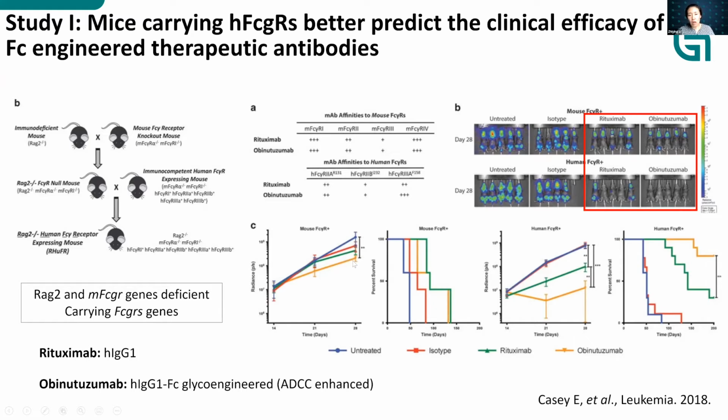However, when you look at the humanized animal, panel 3, the difference is very obvious. And then the last panel, these are survival rates among the animals. As you can tell, the humanized animal that is receiving the obinutuzumab treatment really enhanced the survival, which is obviously consistent with a much higher tumor suppression effect.